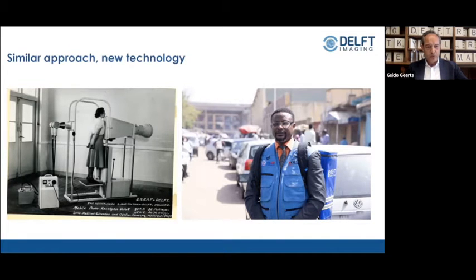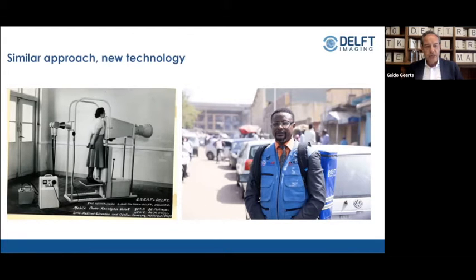So this, what is for us a gigantic X-ray machine, it's an Odelka. At that time it was seen as a mobile system. So you could actually put it in your car, but it took a while to set this up.